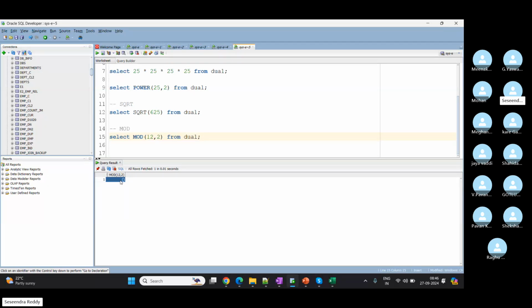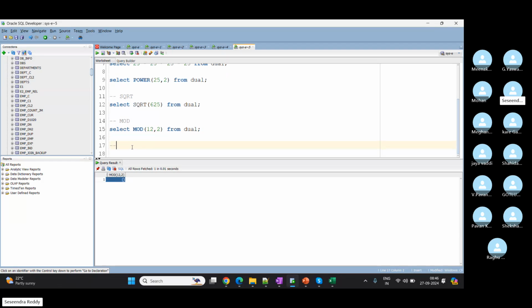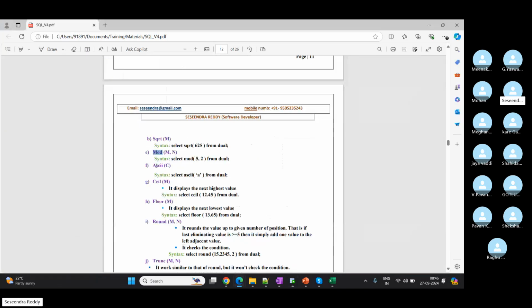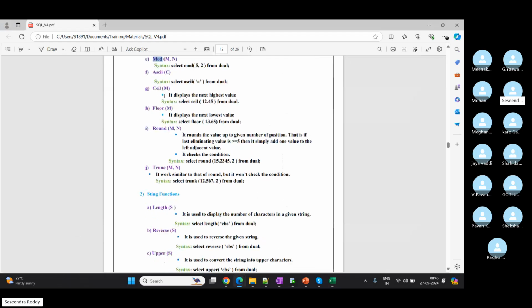Only two options, odd and even. That is why it is very, very important. Even in PL/SQL we will get programs to write, or in SQL they will straightforwardly ask us to identify whether it is an even number or an odd number. By using mod only we can identify that. So that is very, very important, the mod function.